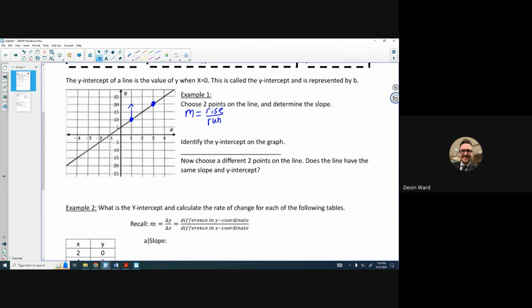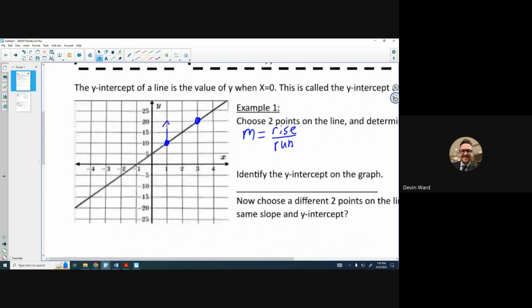Okay, so I'm going to go up 2 boxes, but each box is worth 5. So let me zoom in a little bit. My rise is actually 10 because each box is worth 5 on my y. My run, each box is still worth 1, so my run is still going to be 2. But because the axis changed, my rise is going to change.